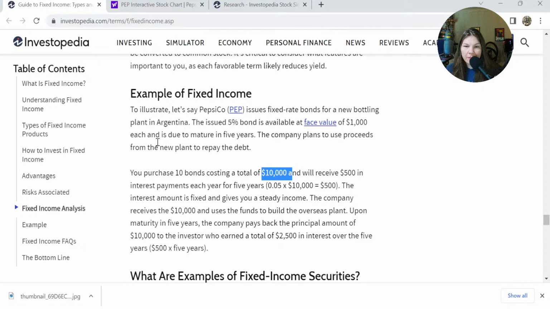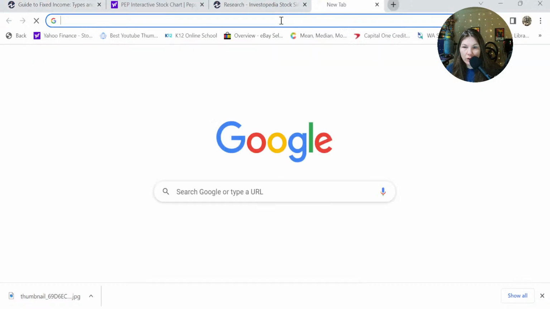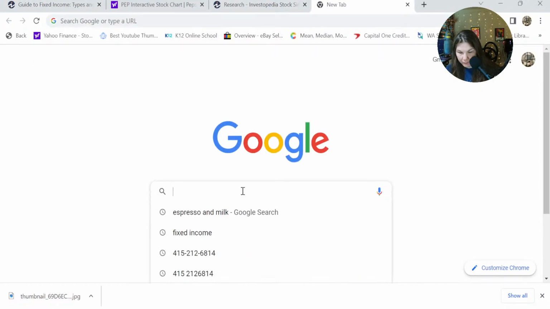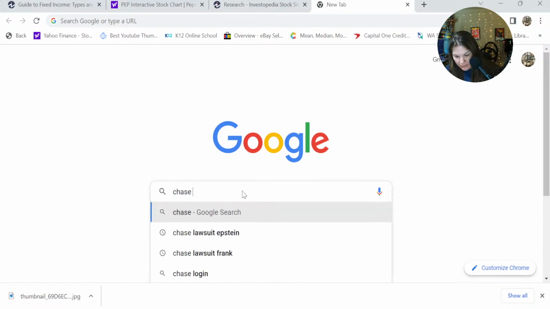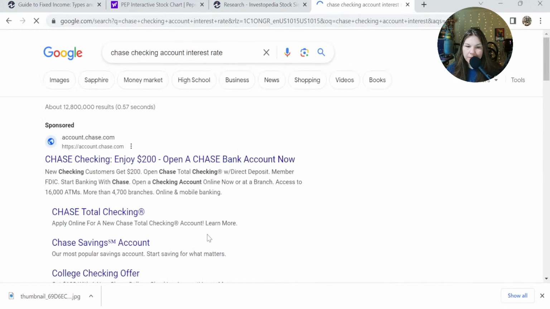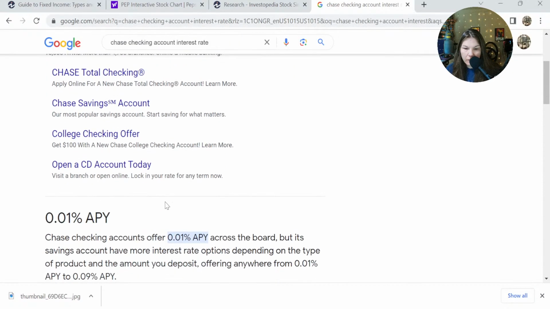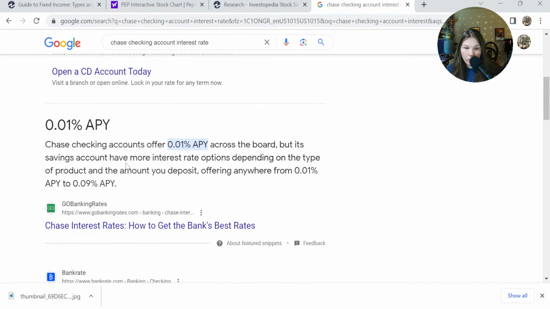If you put your money into a regular checking account, what does a checking account pay? Let's go to Chase checking account interest. What is it? Oh, Chase checking accounts only offer a 0.1% APY, guys. That means that if you had $10,000, I'm just pulling out my handy dandy little calculator.